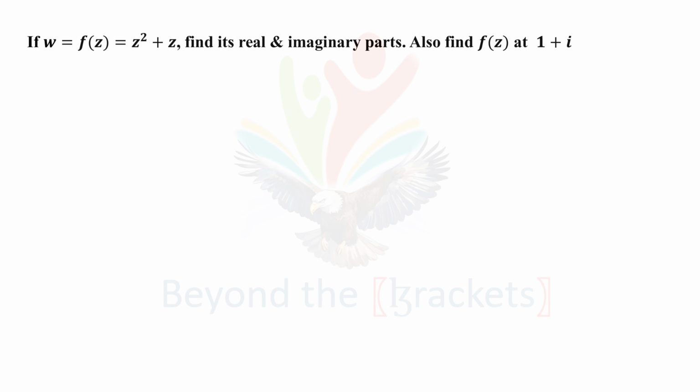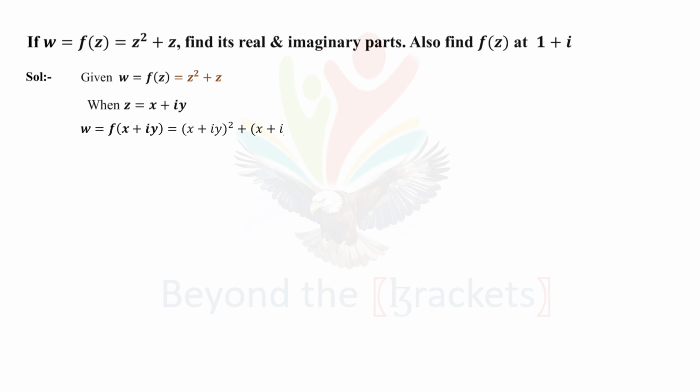In the next question, f of z is given as z square plus z. To find its real and imaginary parts, consider z is equal to x plus iy. So f of z will be equal to x plus iy whole square plus x plus iy. Expanding this using the formula a plus b whole square, we get x square plus i square y square plus 2ixy plus x plus iy.